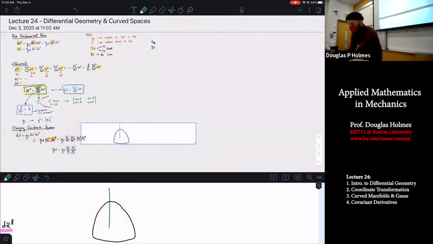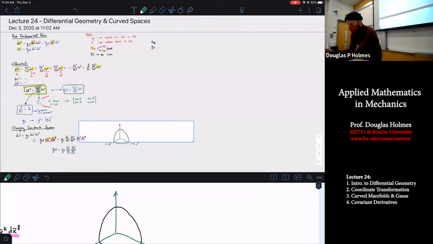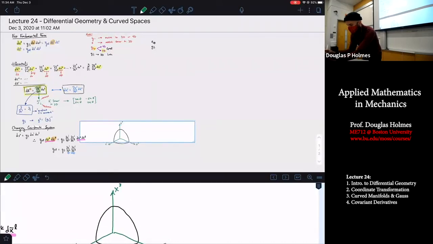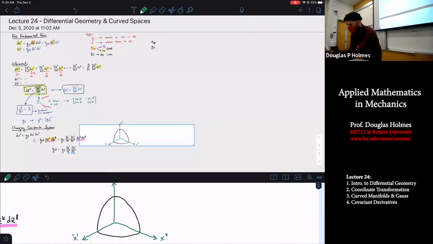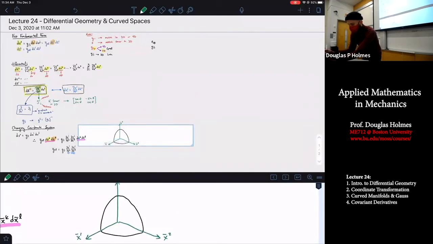See how quickly I can do this. These would be my x1, x2, x3. We'll call these the barred system. It doesn't really matter; we could just switch our thing around.